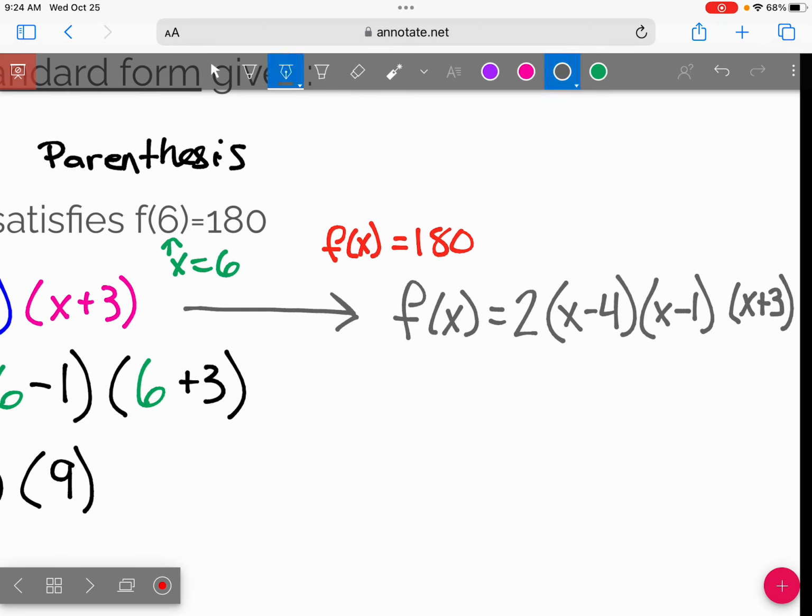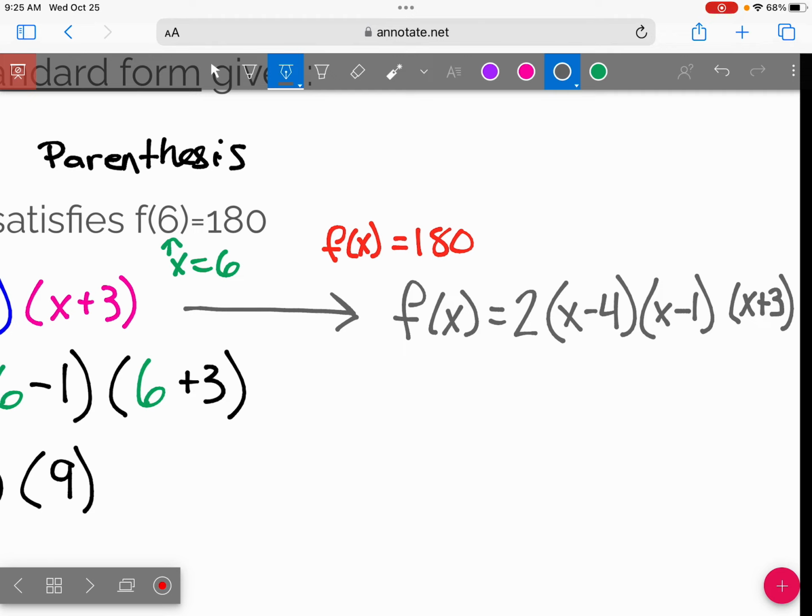Better. Tiny, but better. And if they just asked us to write a polynomial, we'd be done. But they didn't. They asked us to write a polynomial in standard form.